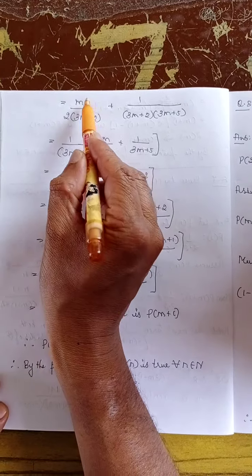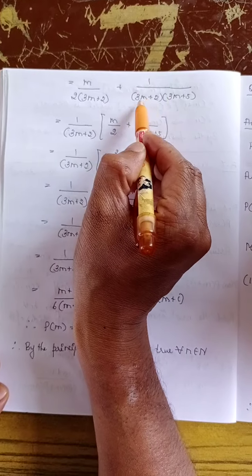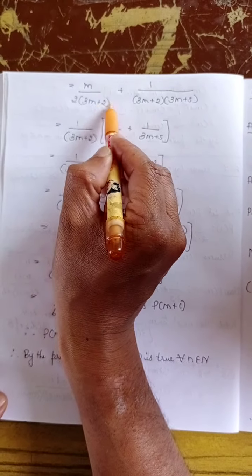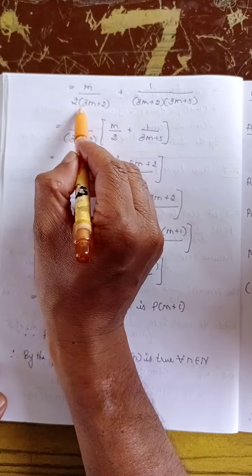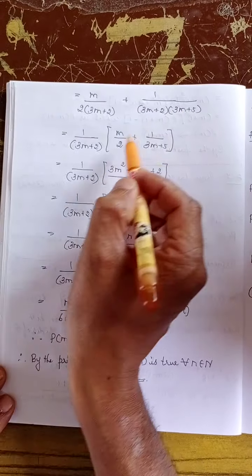That is equal to m by 2 into 3m plus 2 plus 1 by 3m plus 2 into 3m plus 5, because 6m plus 4 can be written with 2 common, remaining 3m plus 2.